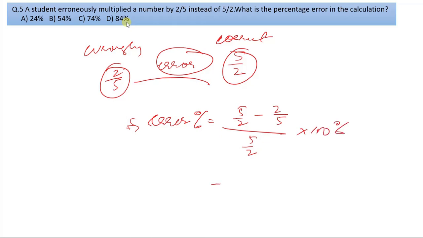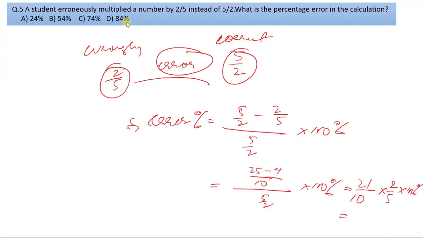After solving, we have 25 minus 4 over 10, divided by 5 by 2, into 100%. We have 21 divided by 10 into 2 by 5 into 100%. We get 84%, which is the error percentage. Hence, option D is the correct answer.